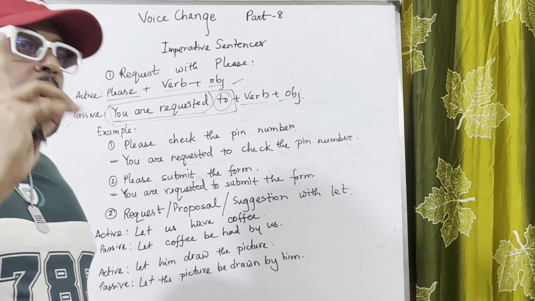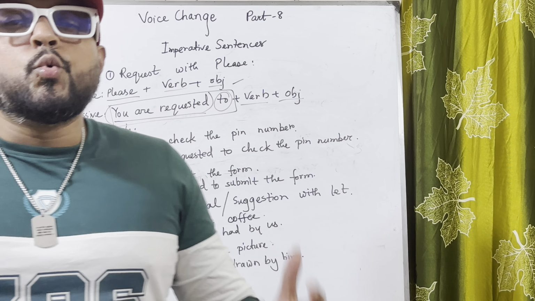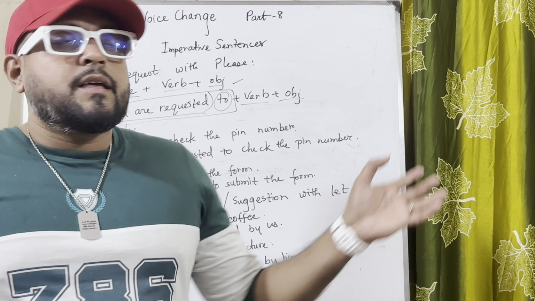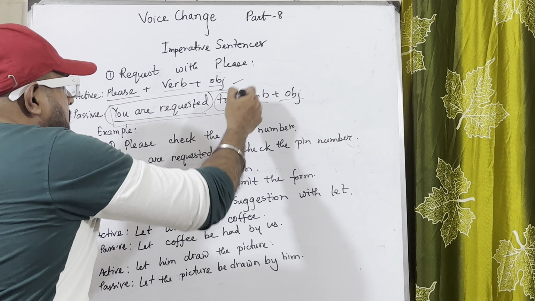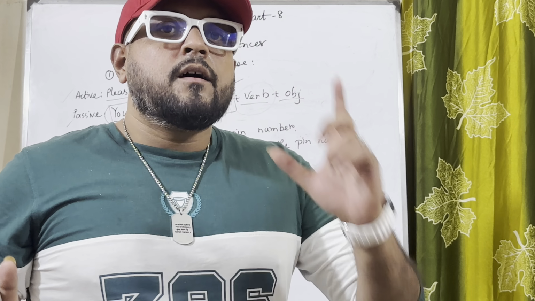There might be a question in your mind that in a passive sentence we use the past participle form of the main verb, but in this case we are not using it. Why? The answer is so simple: we cannot use the past participle form of a verb after the preposition to.